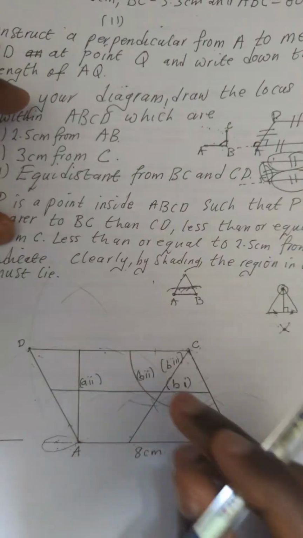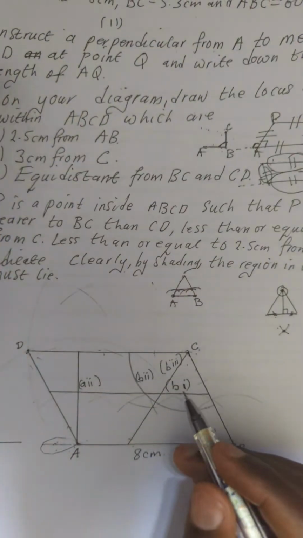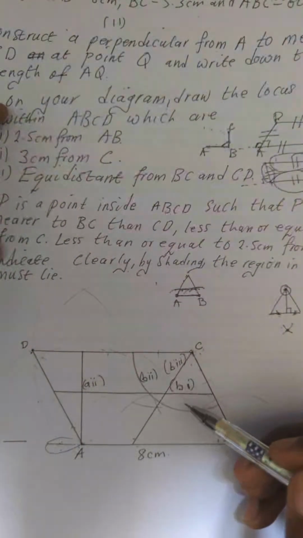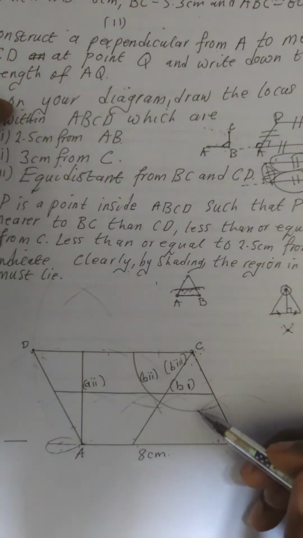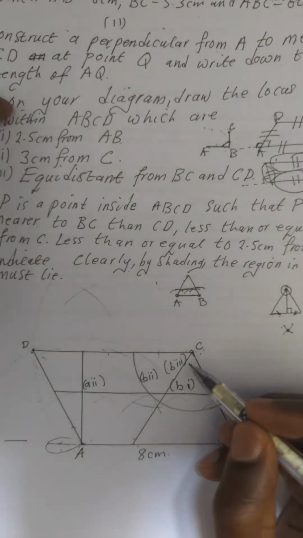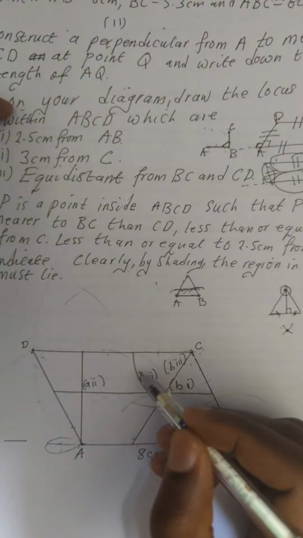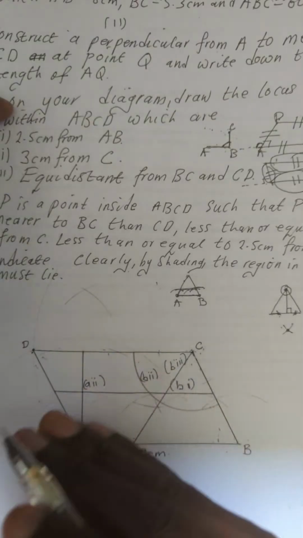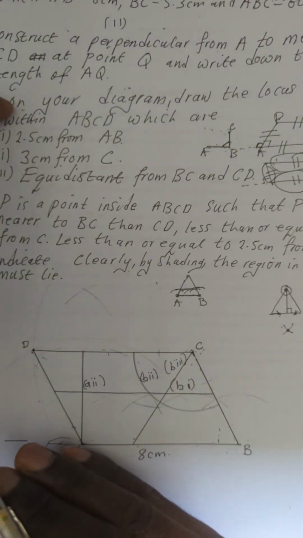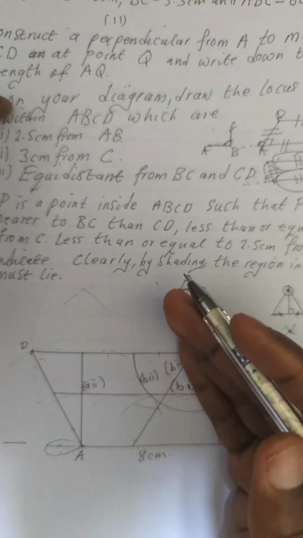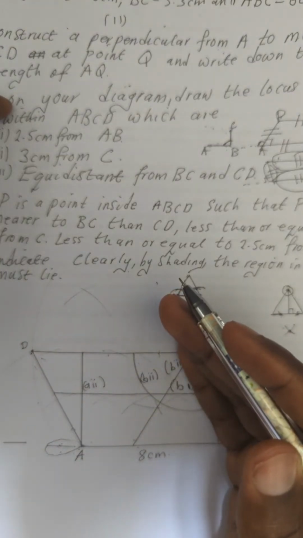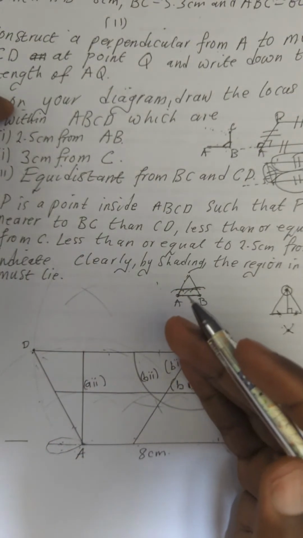I was explaining that the point P should be less than or equal to 3 centimeters from C. So this is the border, 3 centimeters from C. If you go this side, it's greater than 3 centimeters, and this side is less than 3 centimeters.